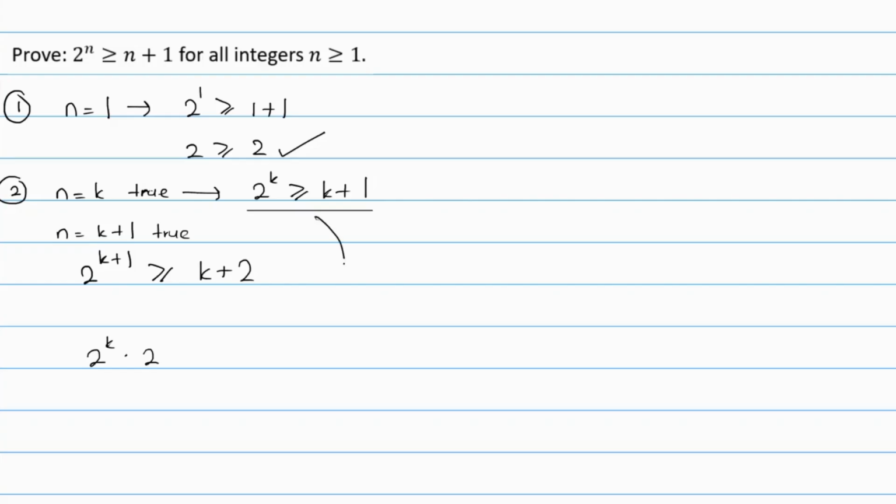So this particular inequality, if we take it and multiply both sides by 2, we get 2 to the power k into 2 greater than or equal to 2k plus 2. Since we have assumed that this is true, obviously this is true.